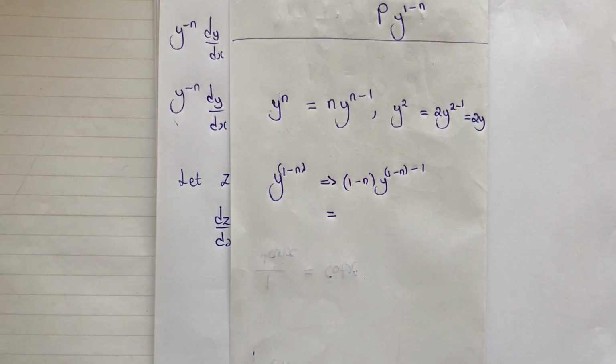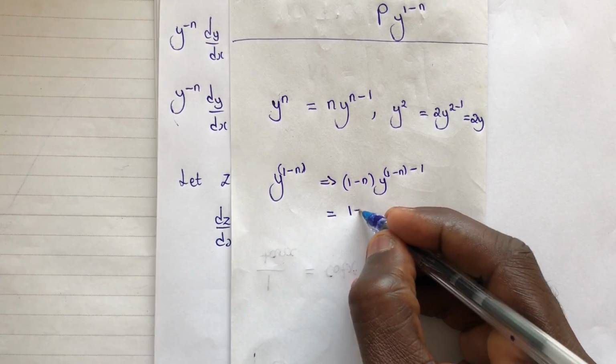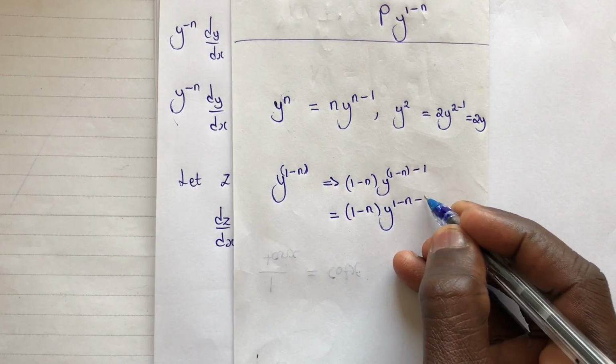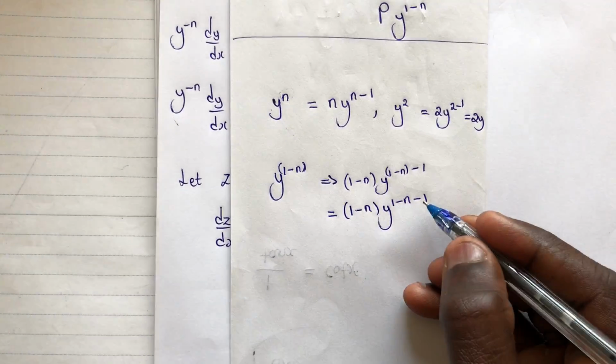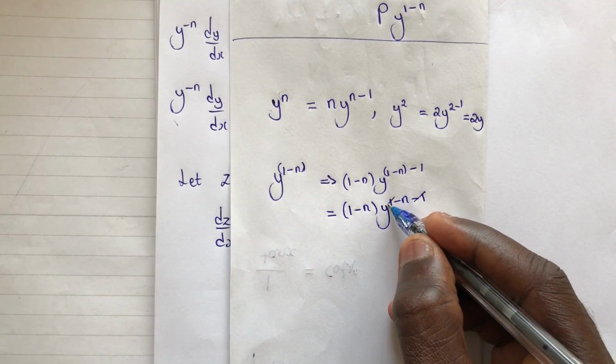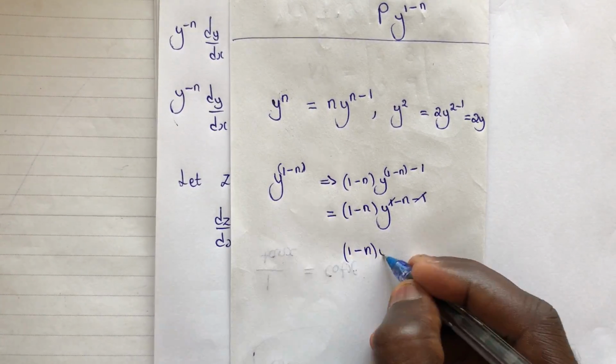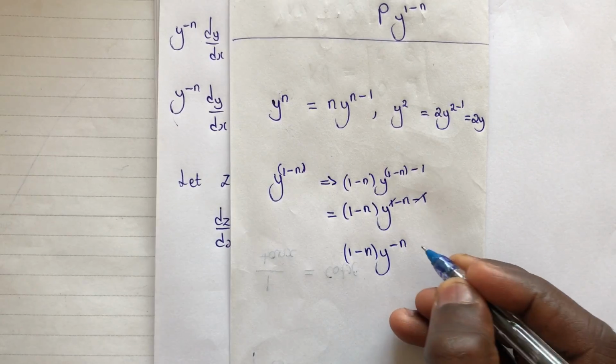Now this is going to give you (1 minus n) y to the power 1 minus n minus 1. Now watch carefully, this will now cancel this one. So we are left with (1 minus n) y to the power negative n.